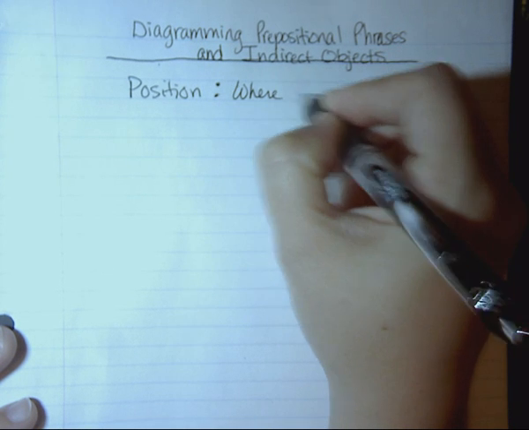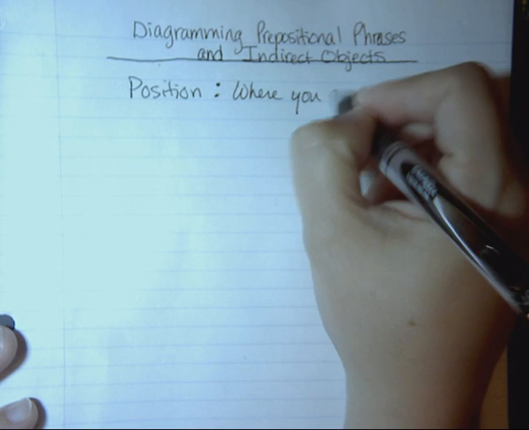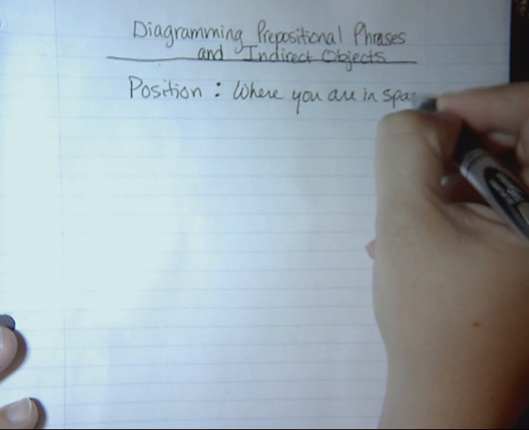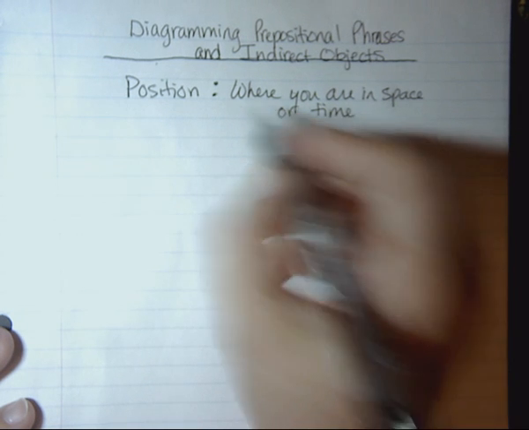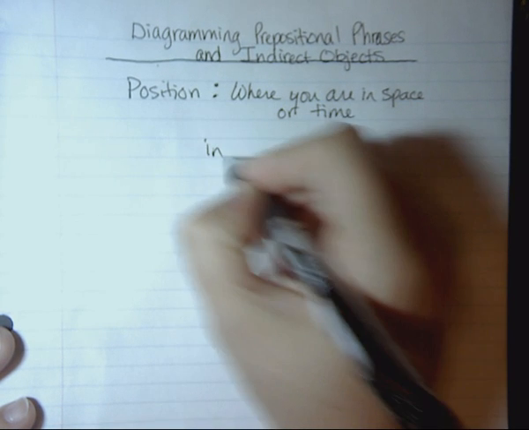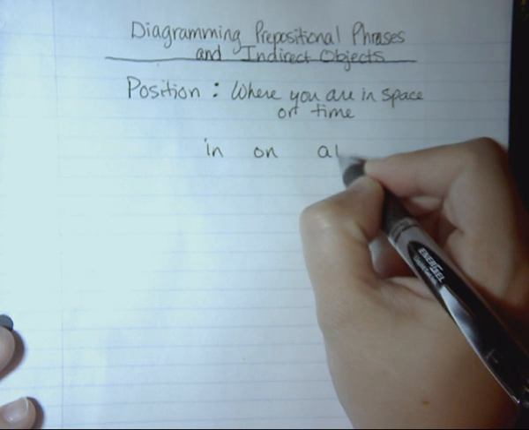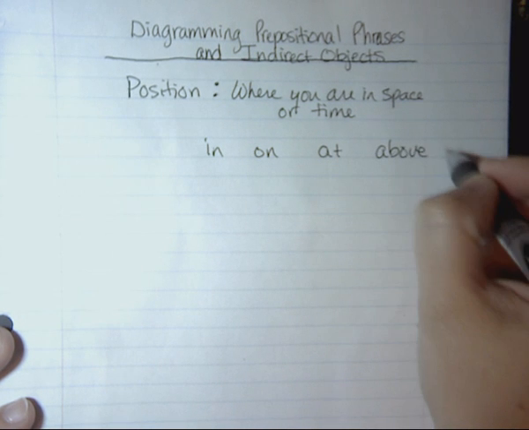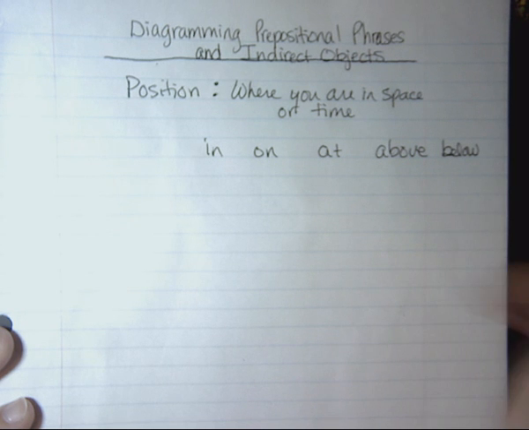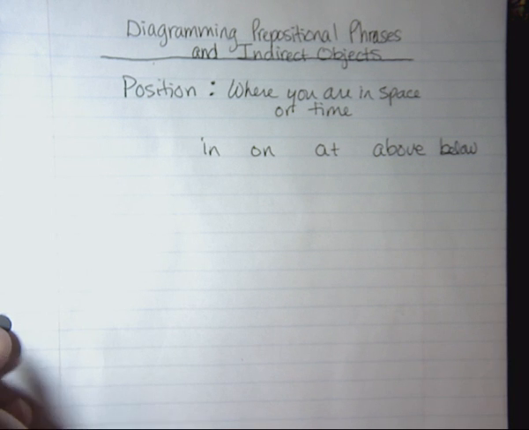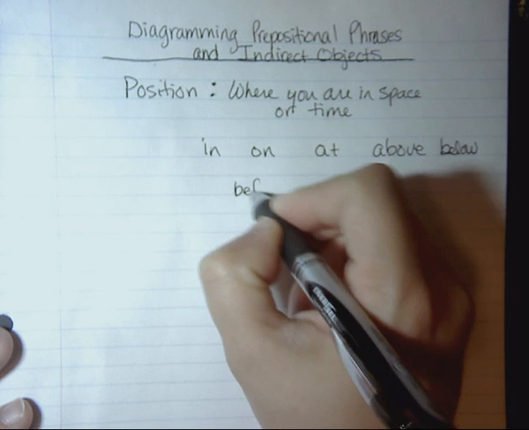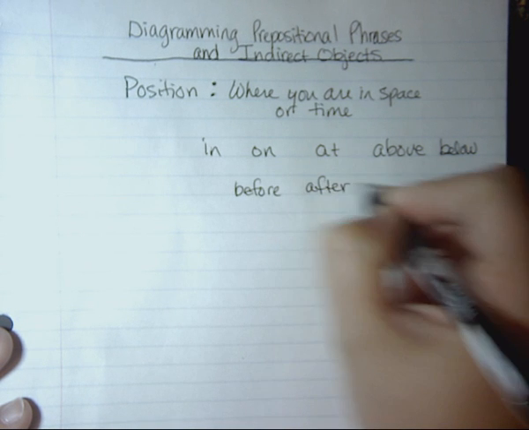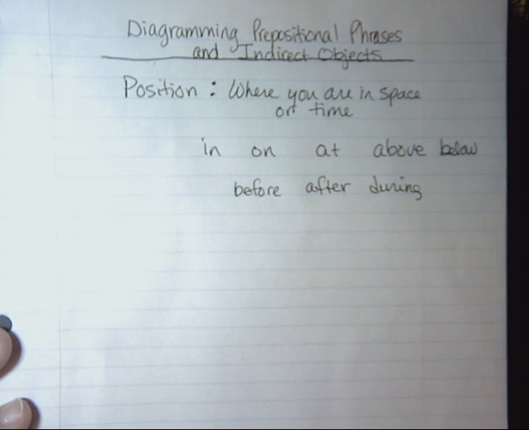Where you are in space or time. Here are some examples. Words like in, or on, or at, or above, or below. There's tons and tons of those words, and we recognize them in English. Other words such as where we are in time would be before, after, or during, to name just 3.